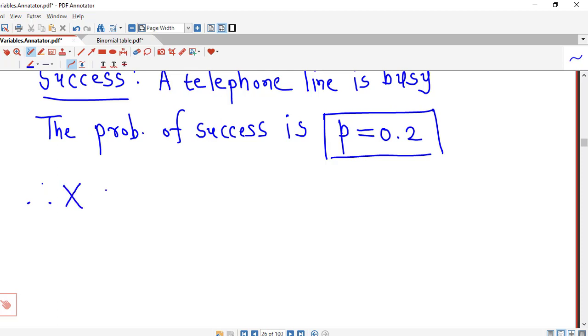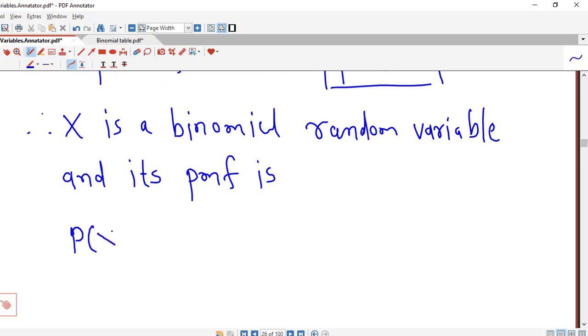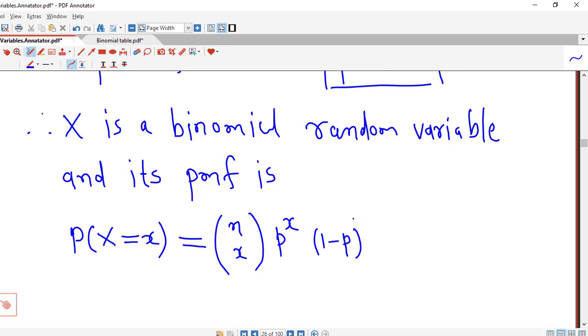So x is a binomial random variable, and its probability mass function is given by the standard formula: nCx, probability of success raised to x, 1 minus probability of success raised to n minus x, and x is from 0, 1, 2 up to n.